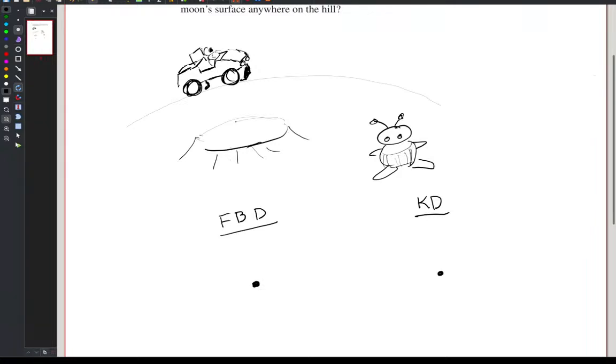All right, so what does that free body diagram look like? I guess the normal force, it was up there with the dots.